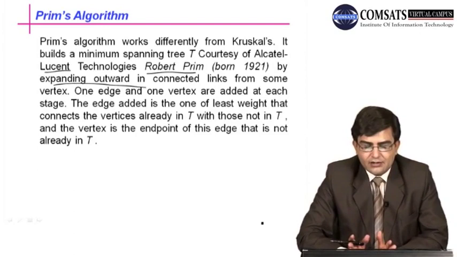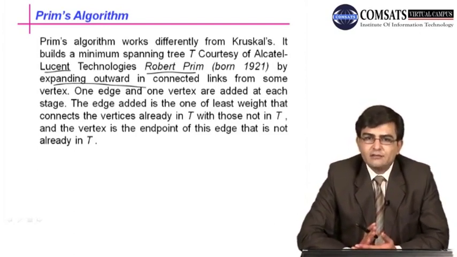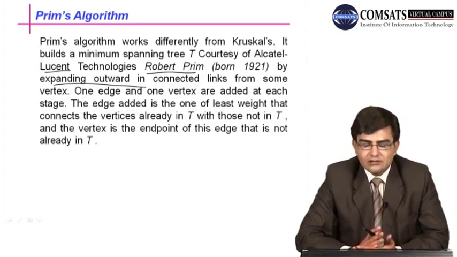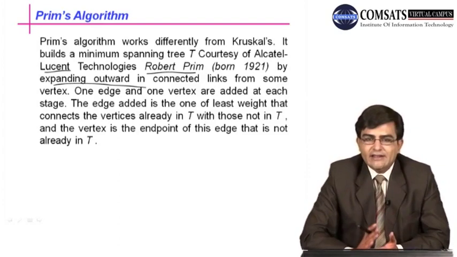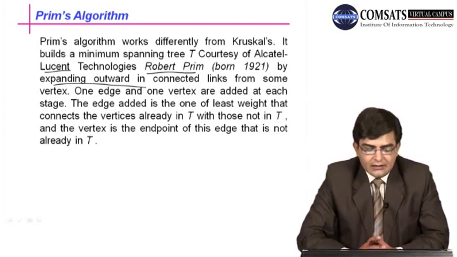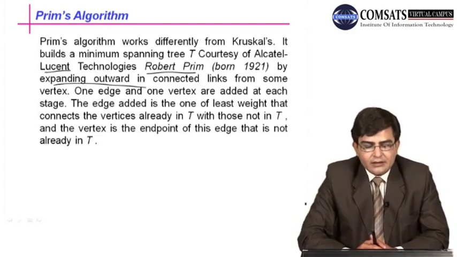In Kruskal's algorithm, we just find the minimum weight among all the weights in the graph, and we start by adding that edge to the graph, and we increase the weights accordingly to obtain the minimal spanning tree.